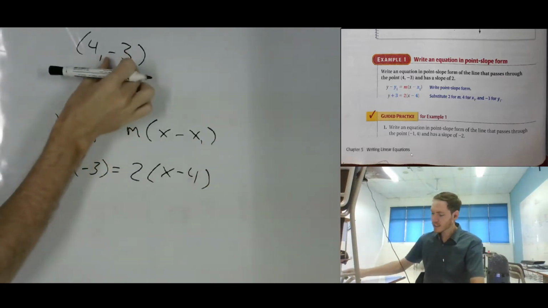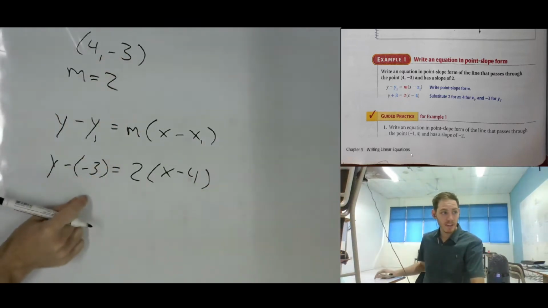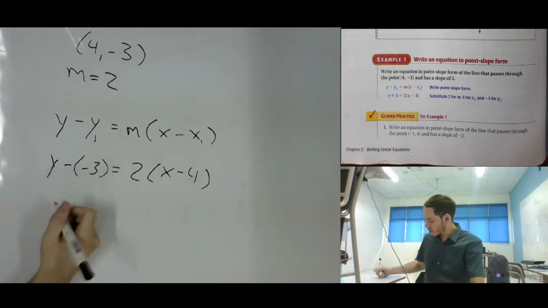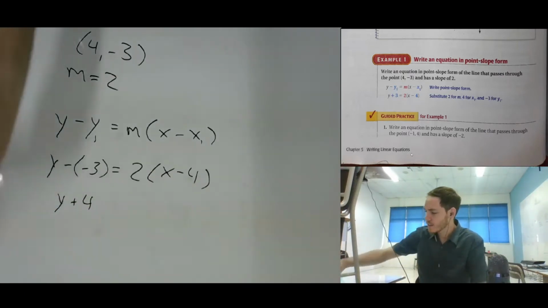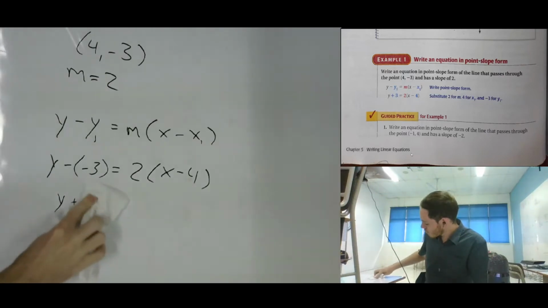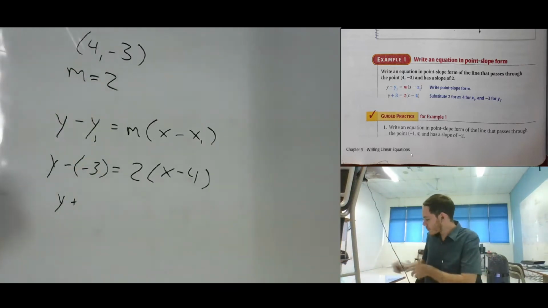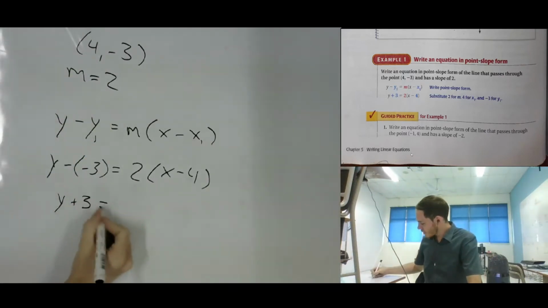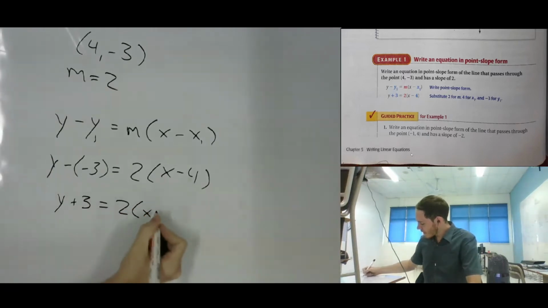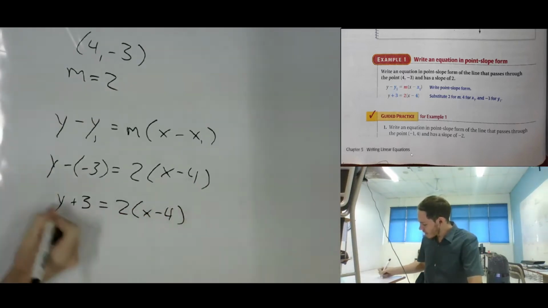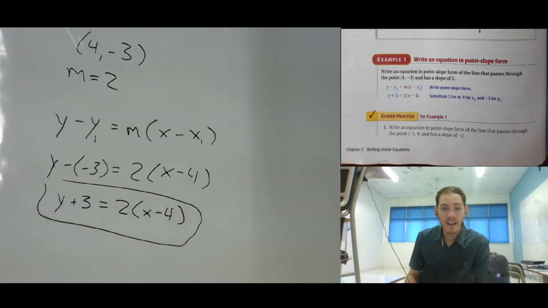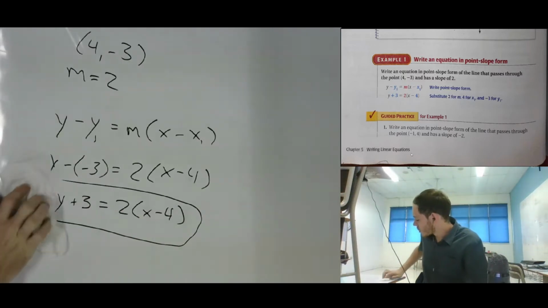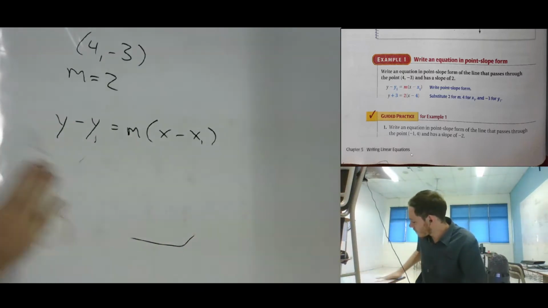Notice I have to keep that -3 in parentheses because we're going to distribute, so we're going to get y plus 3 equals 2(x minus 4). And that will be our point slope form, okay? And if you look at the book, that's exactly what they do. So there's no worries about that.